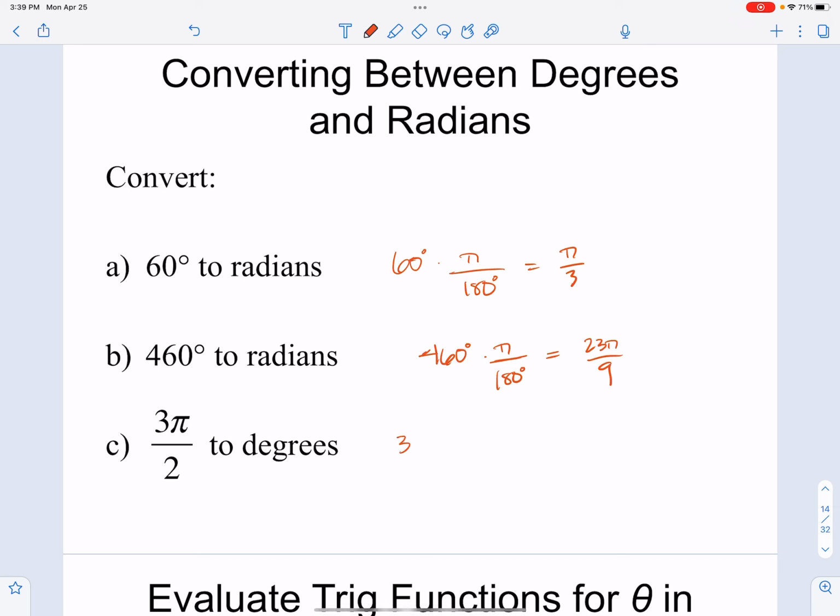And to go from 3 pi over 2 to degrees, we would multiply by 180 degrees over pi. In this case, the pi's would cancel. And then that would end up being 3 times 90, which would be 270 degrees.